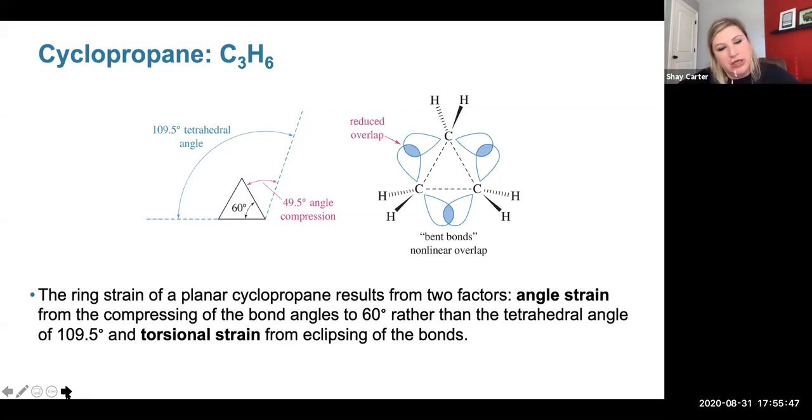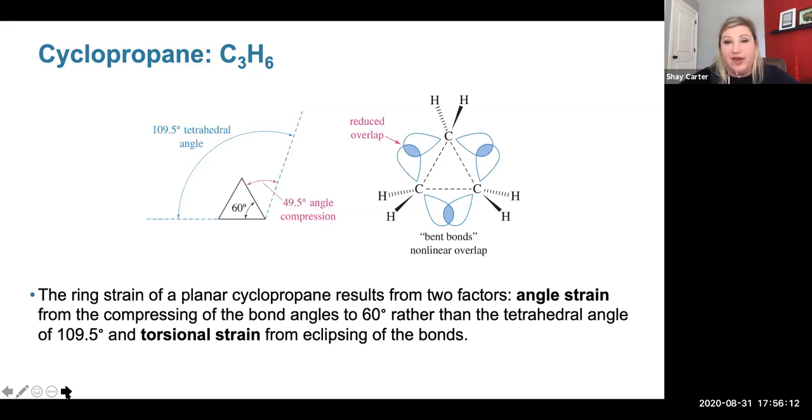Okay, so the ring strain of a planar cyclopropane results from 2 factors. Angle strain from compressing the bond angles to 60 degrees, or with cyclobutane, it was 90 degrees, rather than the sweet 109.5 tetrahedral angle that carbon likes to have. And then also we add in our torsional strain from the eclipsing of the bonds.